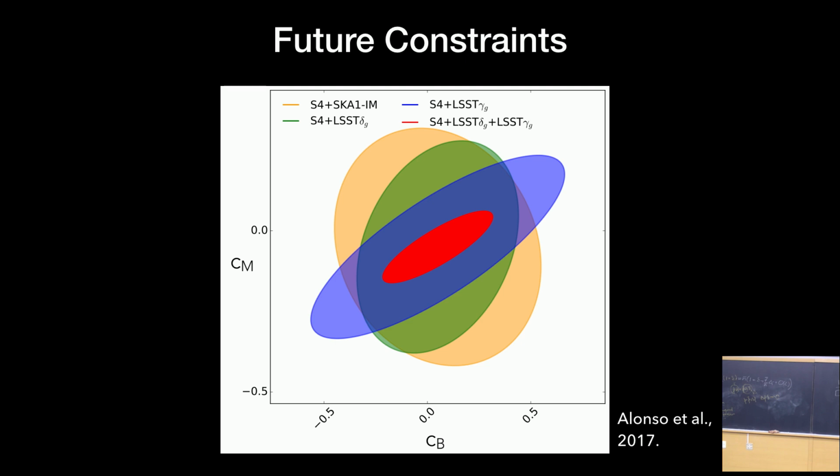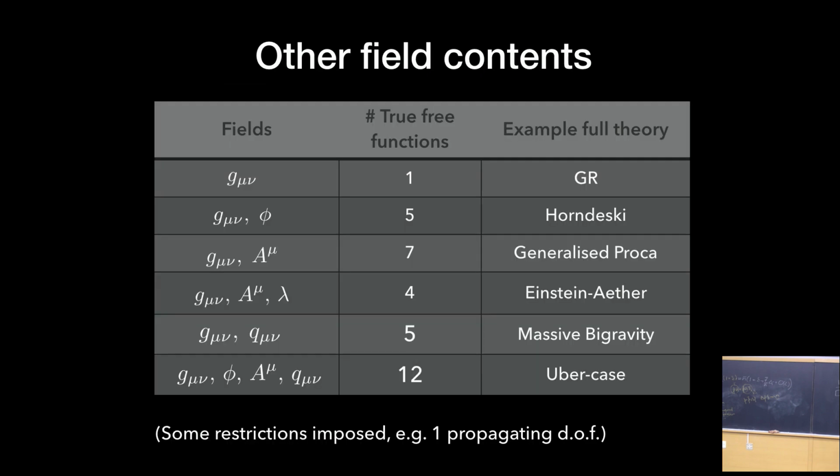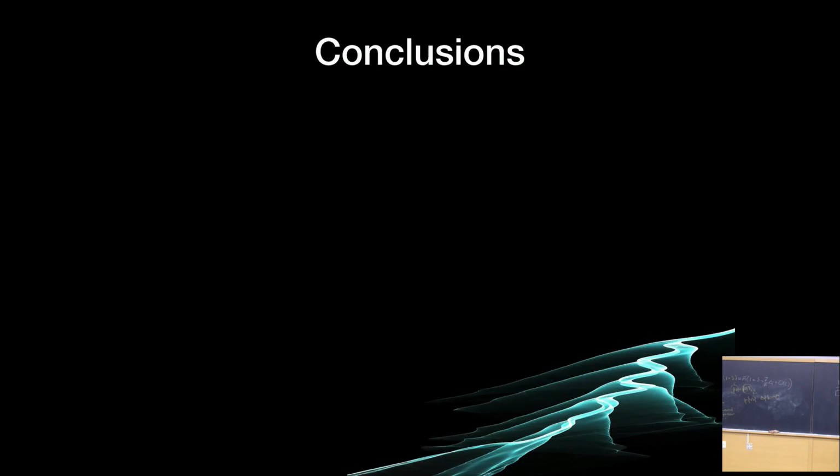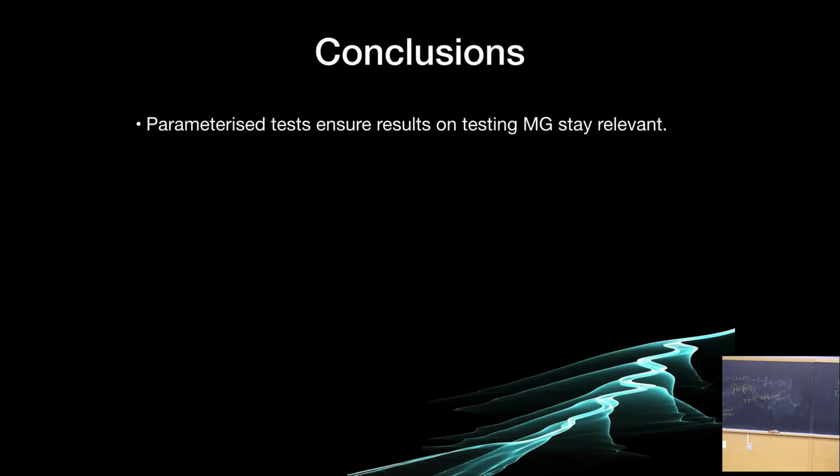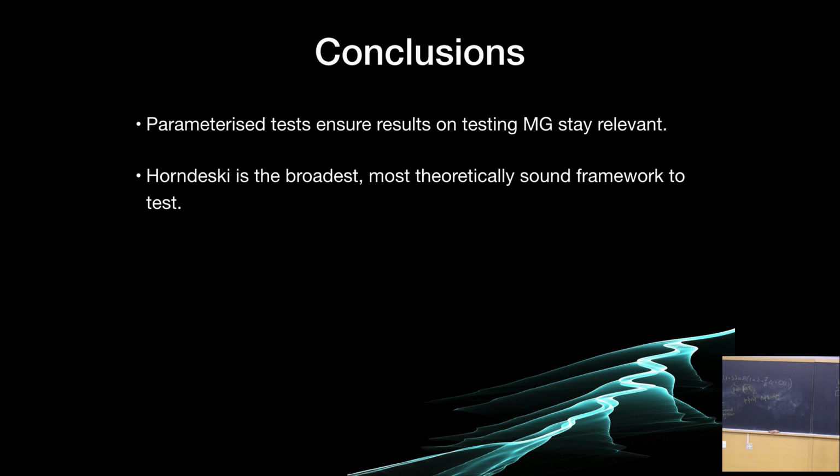Okay, I'm basically done, so I will just very quickly summarize. What have I done? I have hopefully convinced you that parameterized methods are the way to reframe tests of gravity such that they stay relevant and don't become outdated. I've shown you Horndeski gravity, which is arguably the best way of doing this at the moment.